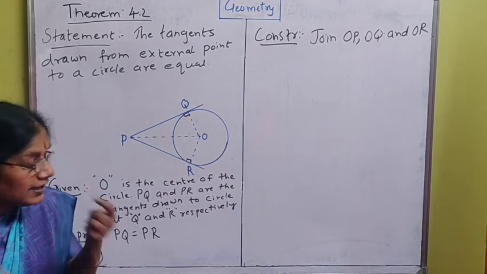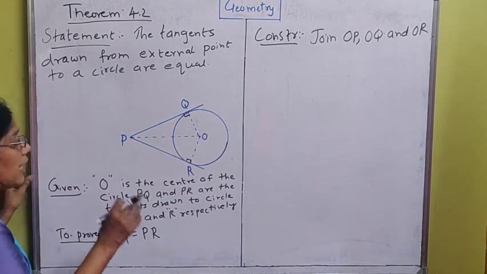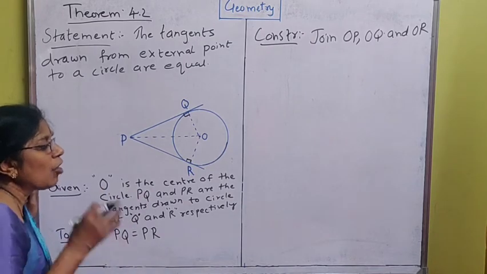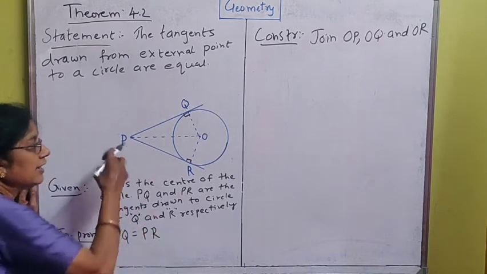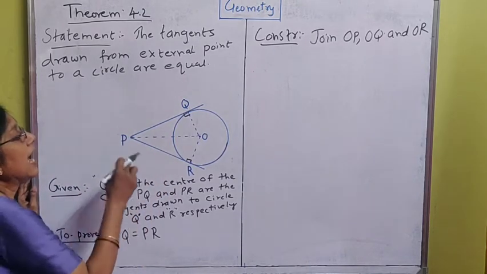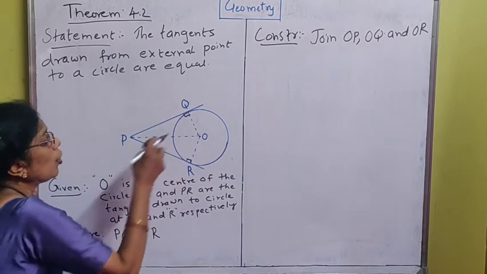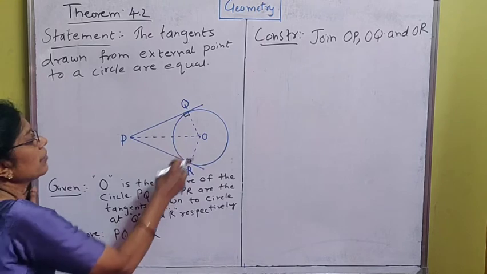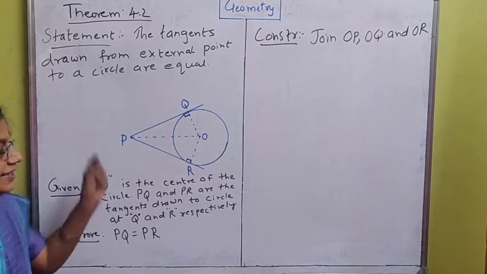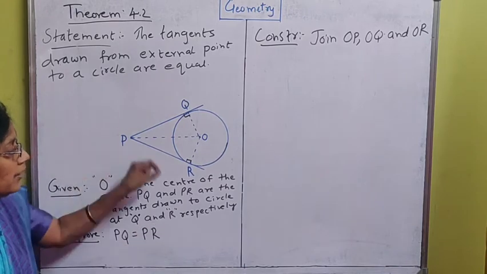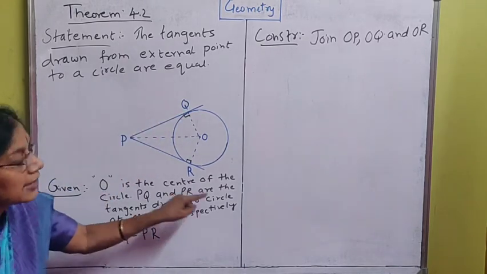If the triangles are congruent, then by CPCT, common parts of congruent triangles, PQ will be equal to PR, angle QPO will be equal to angle RPO, and angle QOP will be equal to angle ROP. That is how we can prove that PQ is equal to PR.